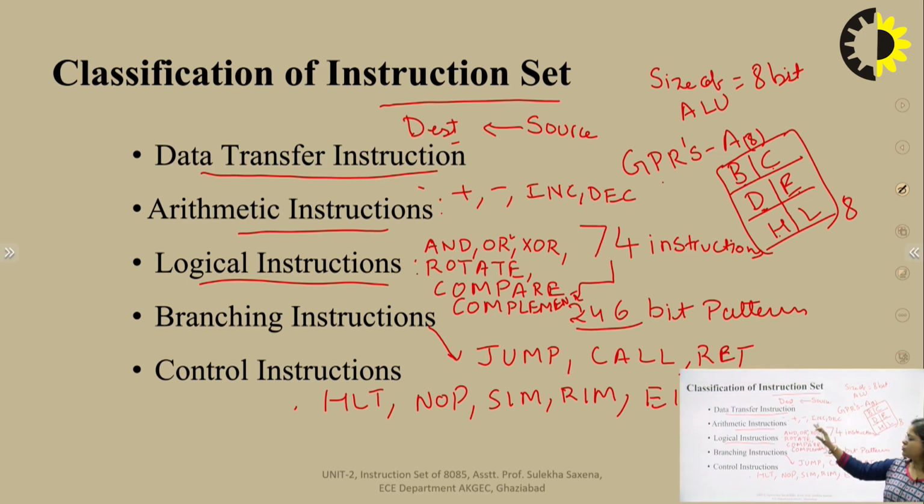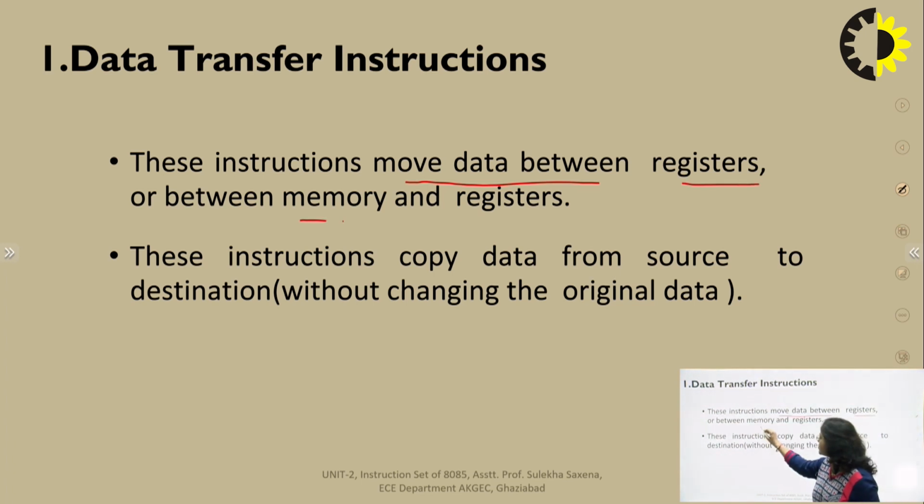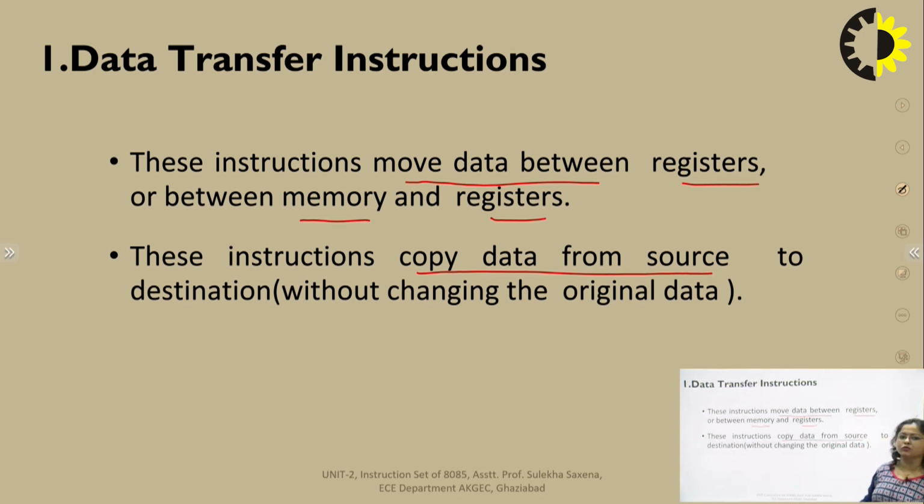Now we will go into detail of one instruction group, that is data transfer, in this lecture. As I have discussed, in data transfer we just move the data between registers, memory or immediate data. These instructions simply copy the data from source to destination.